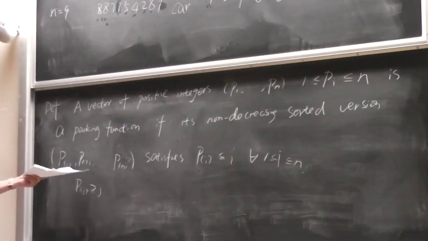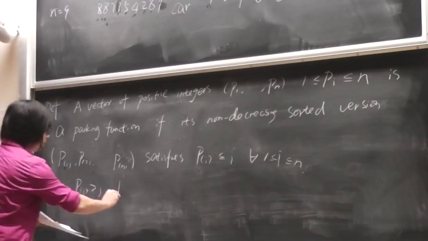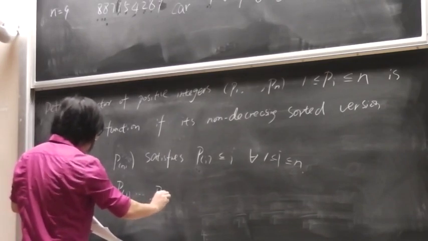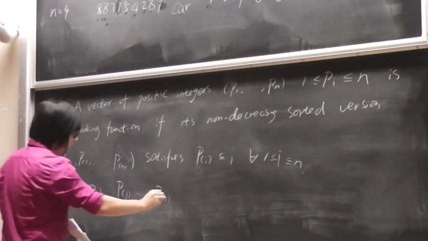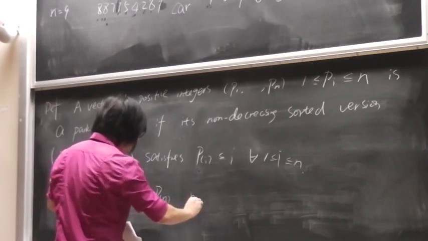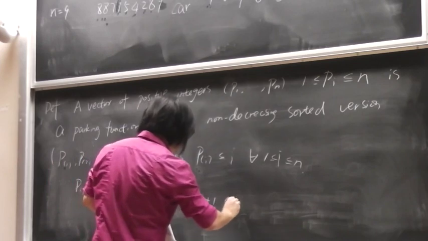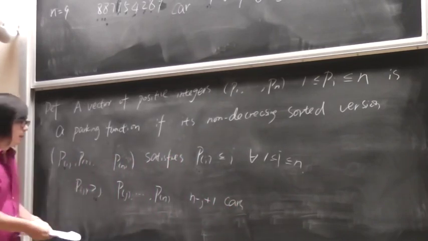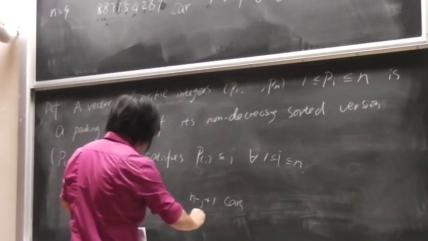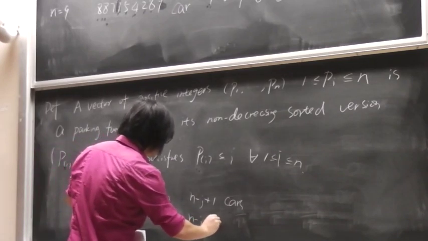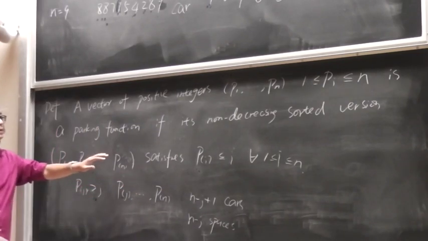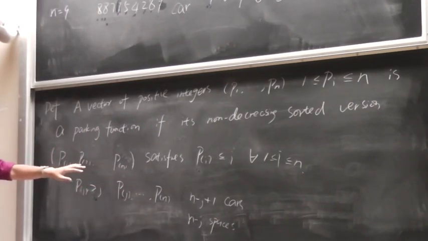Then of course, because it's sorted, P(j) up to P(n), totally n minus j plus 1 cars, must park after j, but there are only n minus j spaces. So if this is not true, then it's impossible to park all the cars.